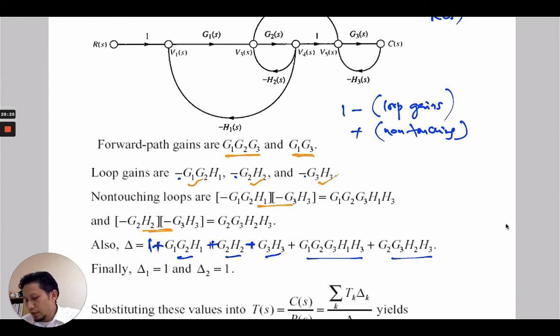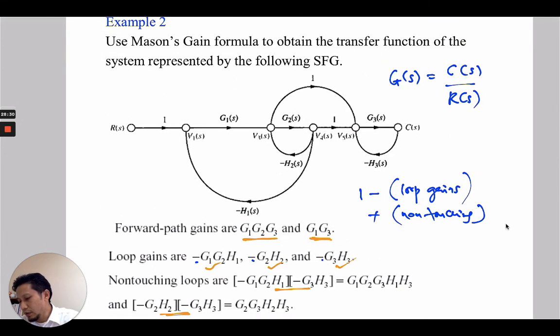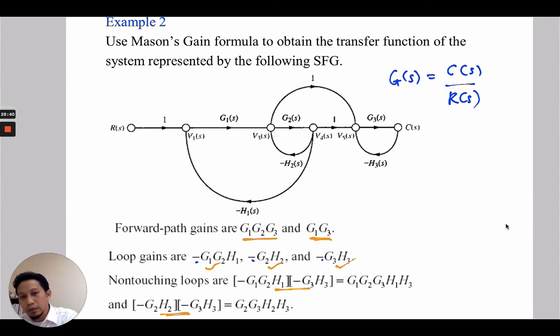Okay, we have delta 1 and delta 2. So delta 1: again, our forward path is here.